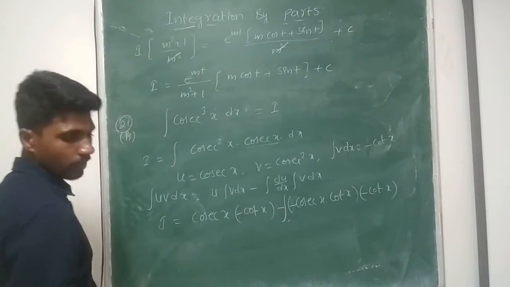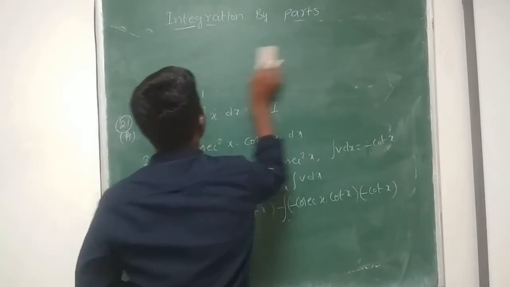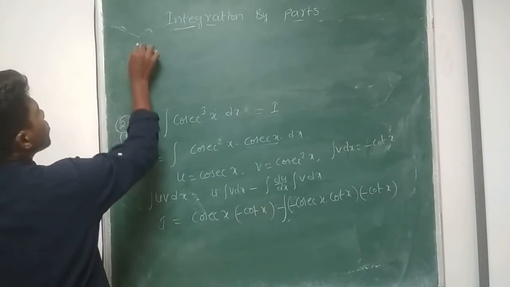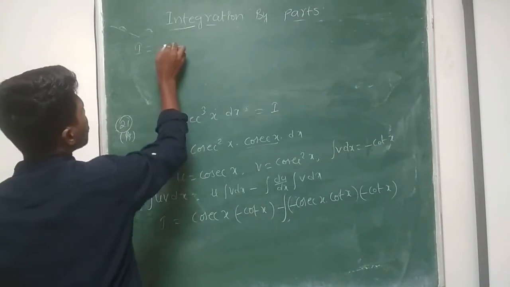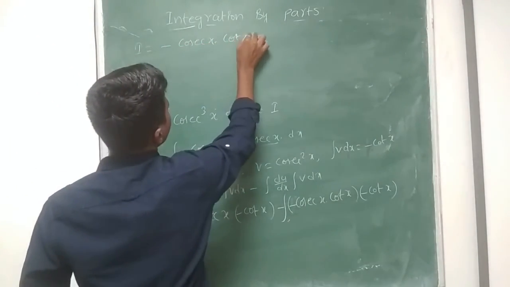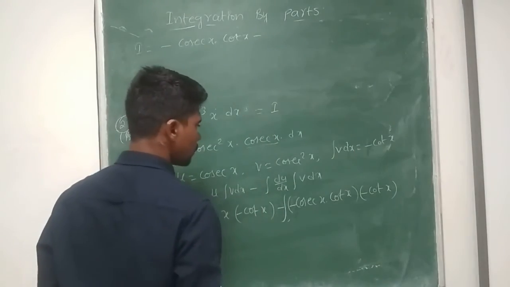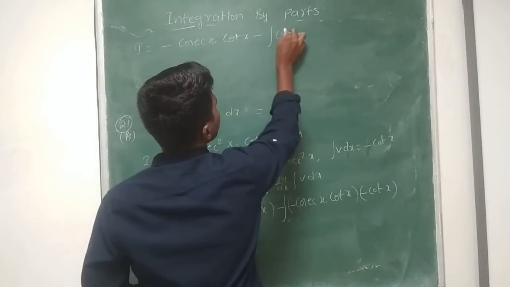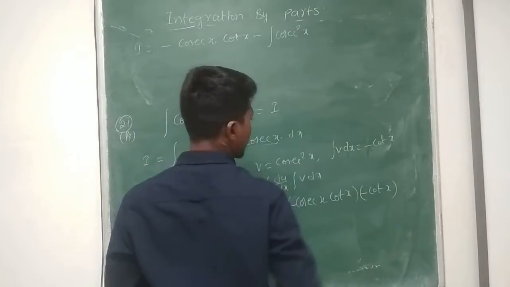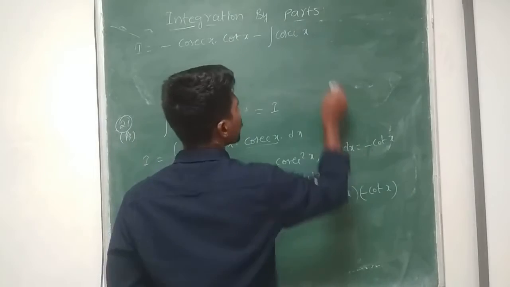So now I is equal to minus cosecant x into cot x, minus into minus into minus, I get minus integral cosecant x into cot square x.